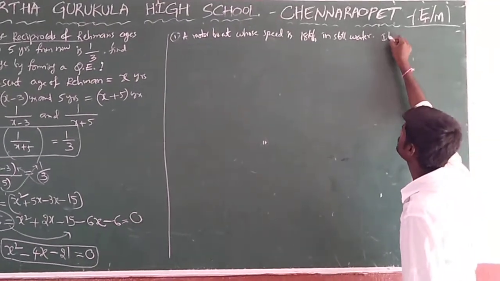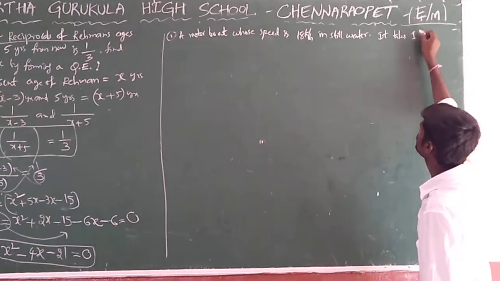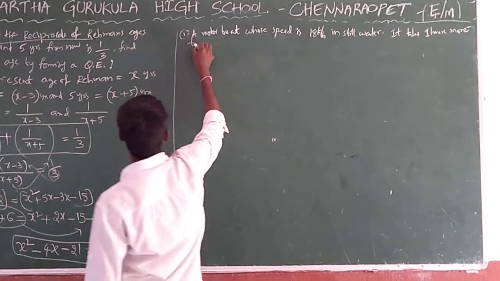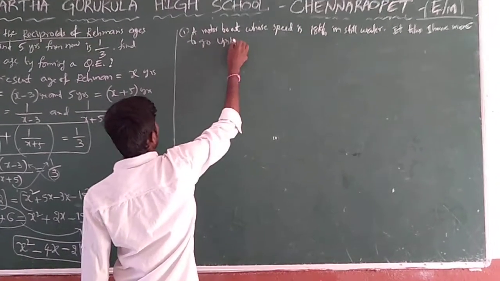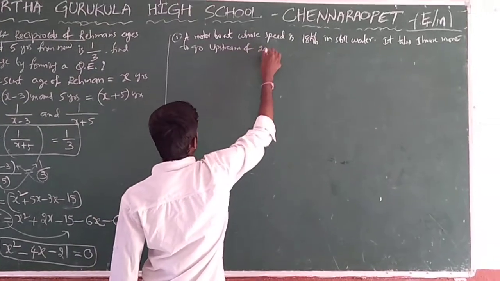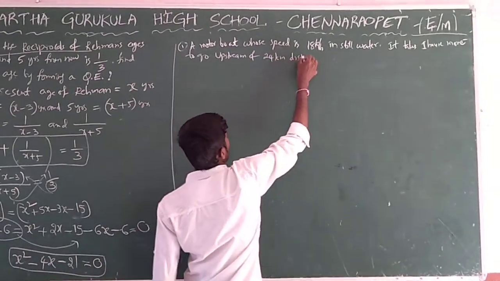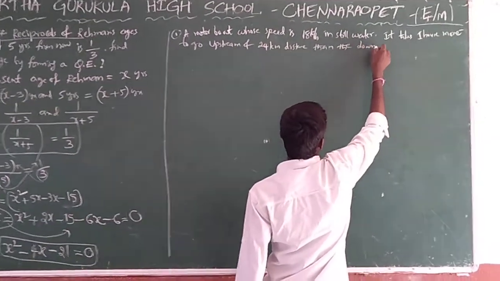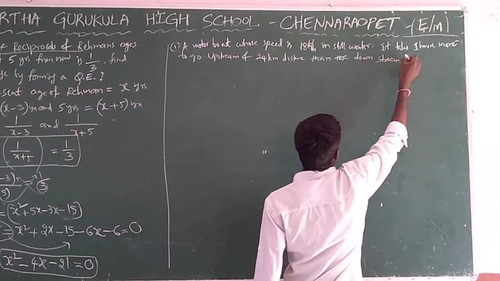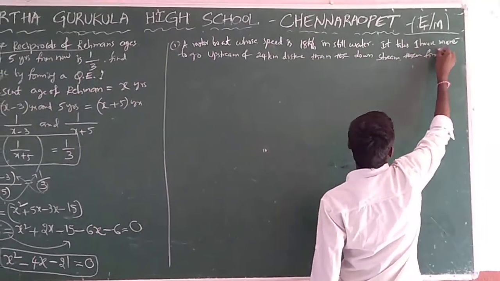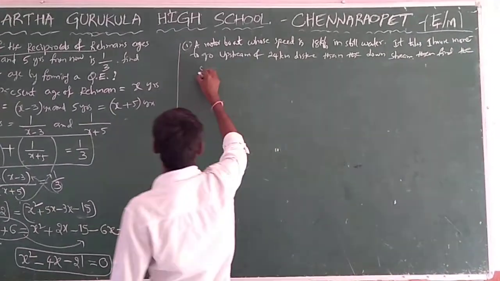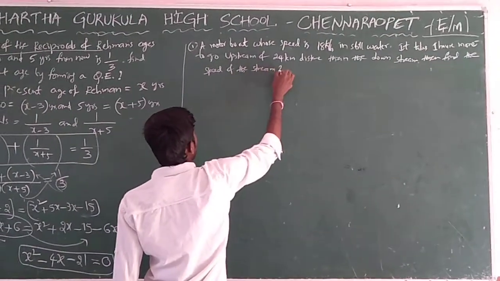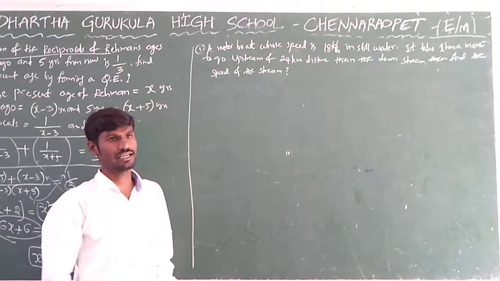It takes 1 hour more to go upstream of 24 kilometer distance than the downstream. Then find the speed of the stream, or they may ask the speed of the river or speed of the current, like that different words.